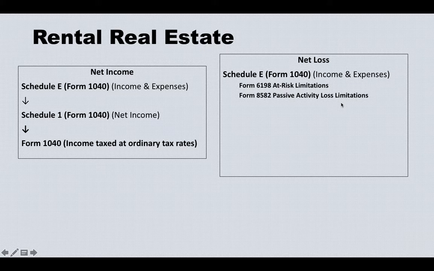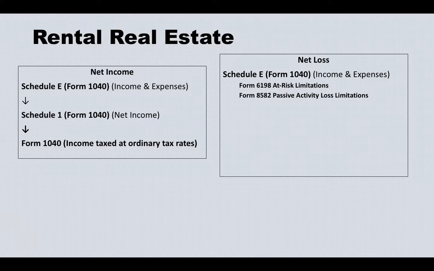What they're saying is that when you have a passive loss, you can only deduct that loss from your passive income. If you don't have passive income, you cannot deduct this loss. You have to carry that loss forward to next year, the year after, to offset any passive income.